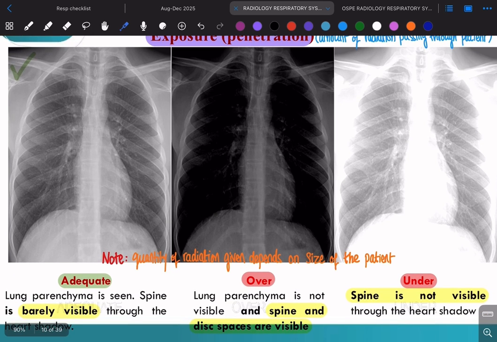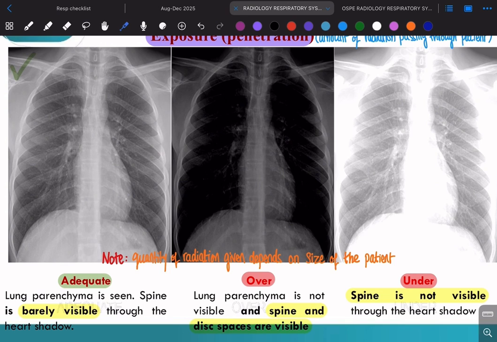Okay, so for the adequate and correct exposure for the patient, the vertebrae are going to be barely visible through the heart shadow. And here this is the heart we said. So according to the heart shadow, the vertebrae close to the heart are going to be visible but not very clear. We can't really see the details, but they're visible and we can see them. Okay, so this is for the adequate or the perfect exposure.